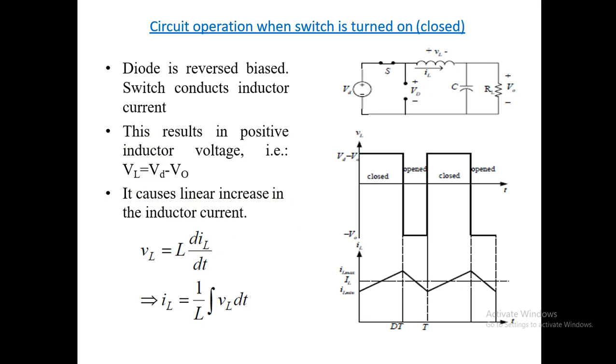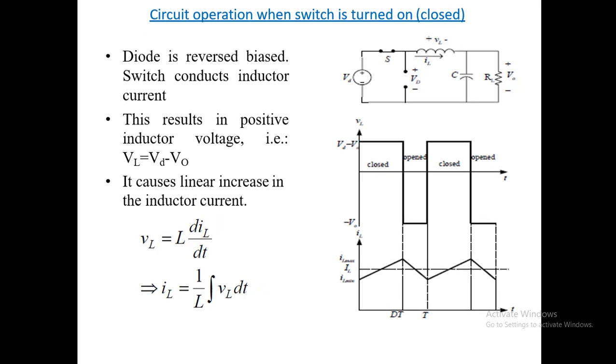Based on that property, the current flowing through the inductor has two values, the minimum value and maximum value, which we can see in the diagram. The voltage across the inductor is VL equals L di by dt. From this we write the equation for IL: IL equals 1 upon L integral VL dt.